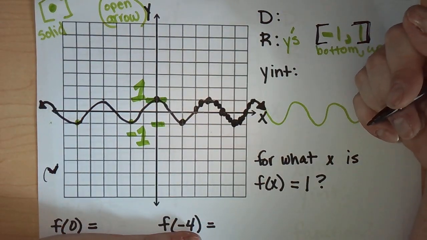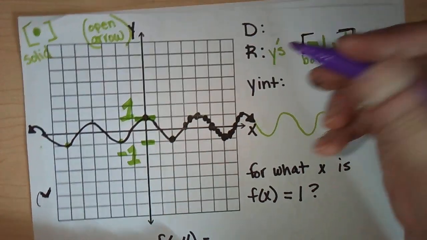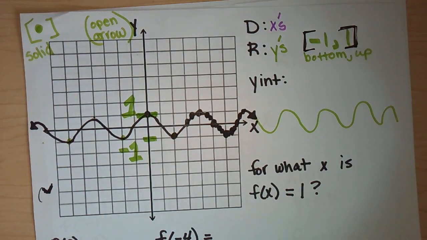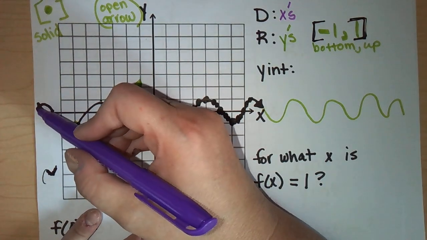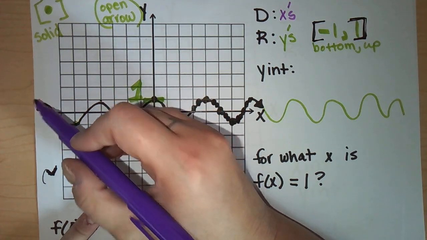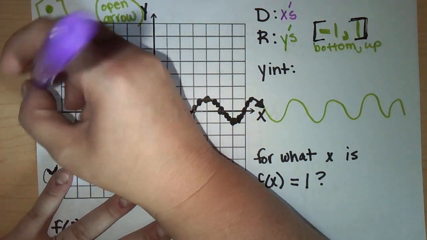All right, let's look at your domain. Your domain is tricky. Your domain is your x's. Let's think about this. What's the leftmost part of the graph? This left arrow? Okay, just tell me, what does this arrow mean? It means infinity.